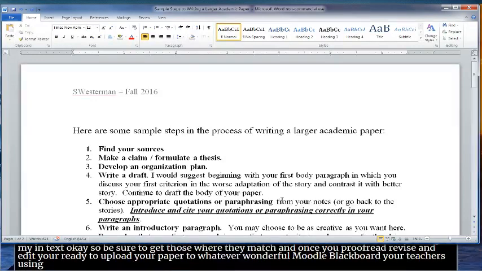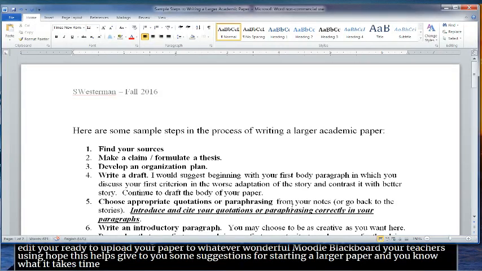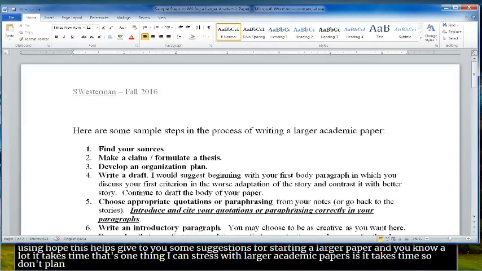Hope this helps, gives you some suggestions for starting a larger paper. And it takes time. That's one thing I can stress with larger academic papers, is it takes time. So don't plan to do this the night before the thing is due.